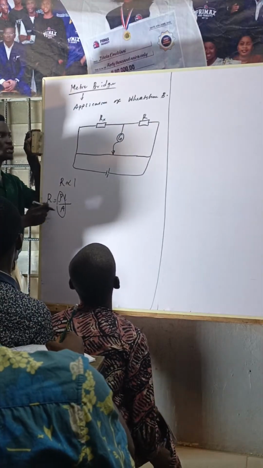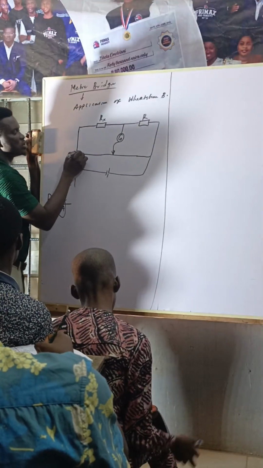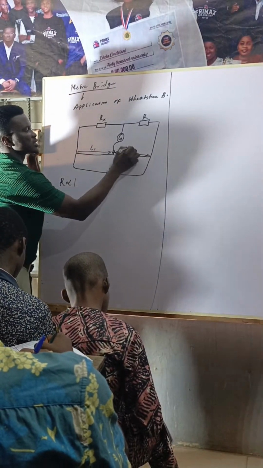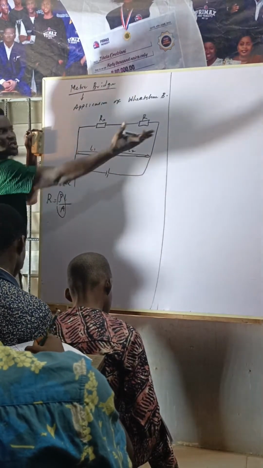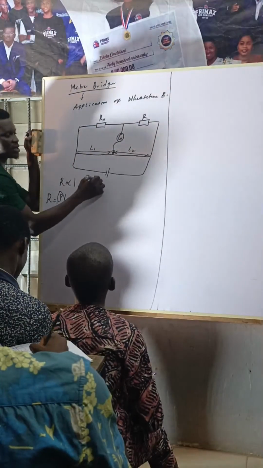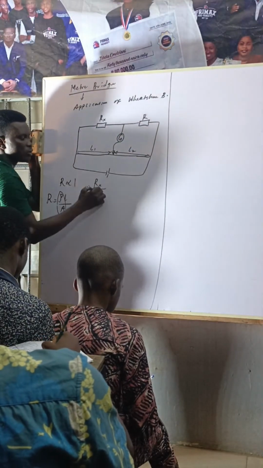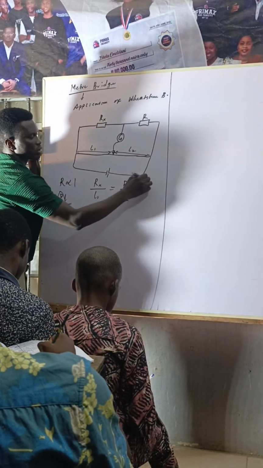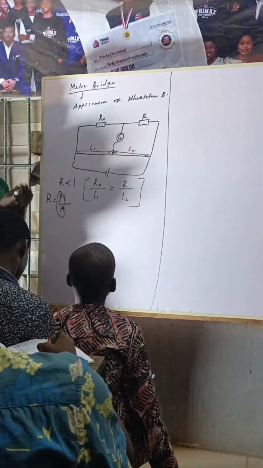Now, let's say from here to here is L1 and from here to here is L2. So it's the same thing. Just say Rx over L1 is equal to R over L2. That's how you use this one.